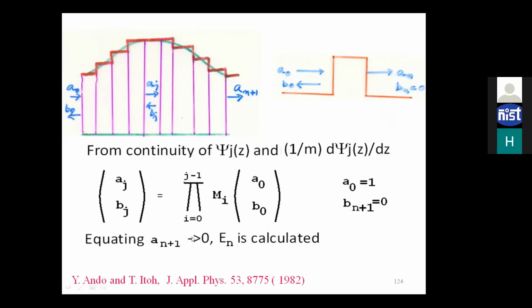Now equate A_(n+1) and solve, because A_j and B_j are the amplitudes of the incident wave from the left side. If you go for the exact mathematics, you get the M matrix, and you solve, you can get the energy levels.